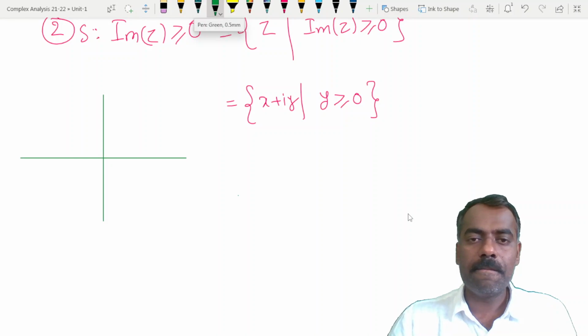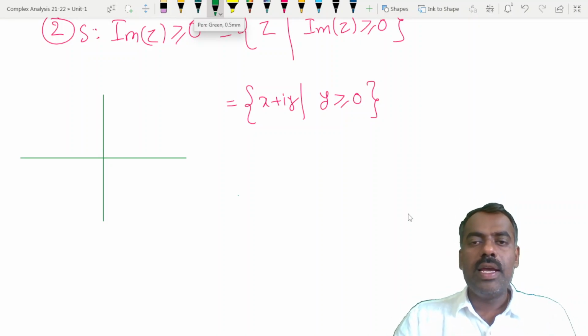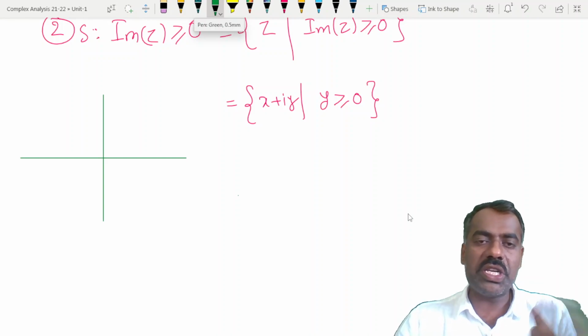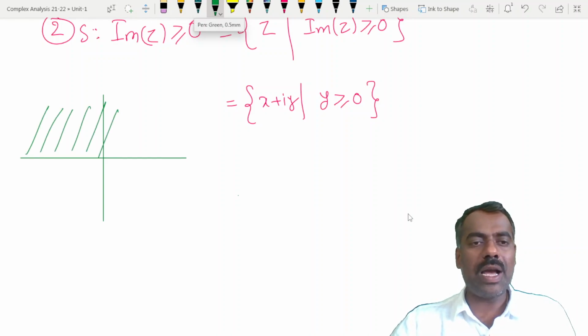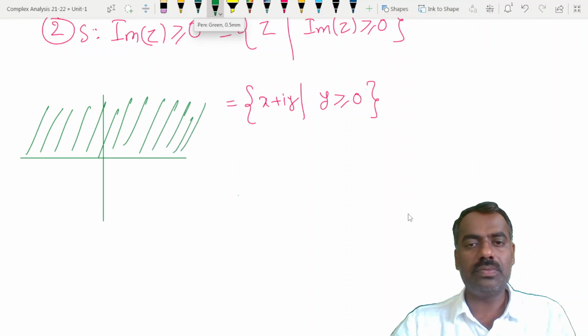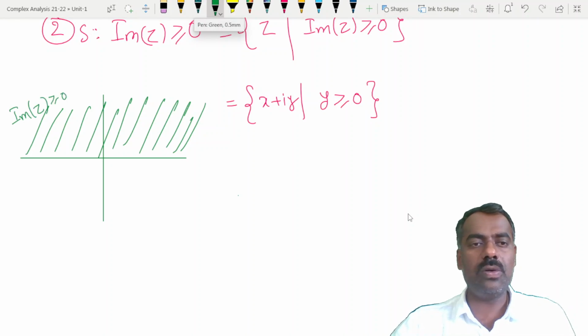What is the condition? We require that y should be greater than or equal to 0. x can be positive, negative, 0, anything, right? So that means this much part above. This is your imaginary part of Z greater than or equal to 0.